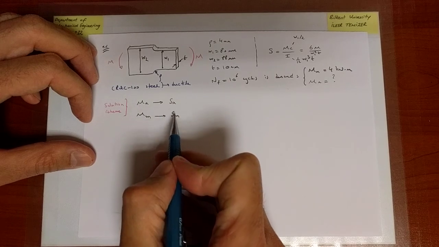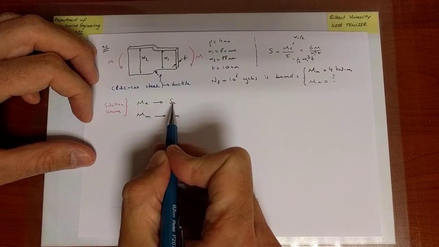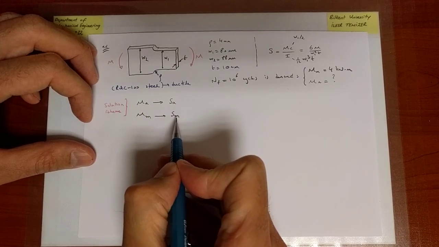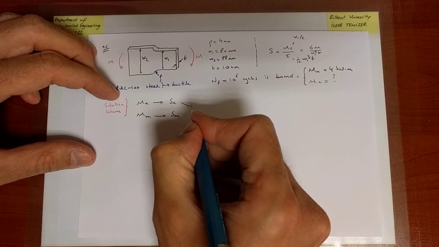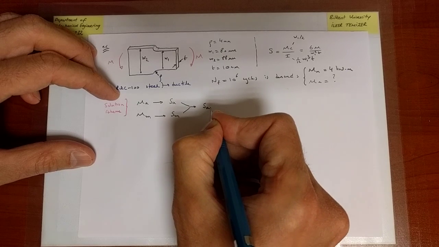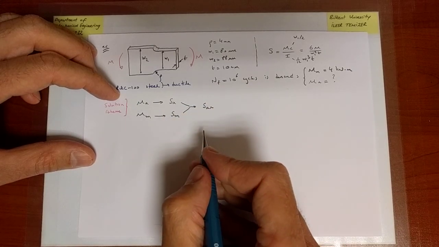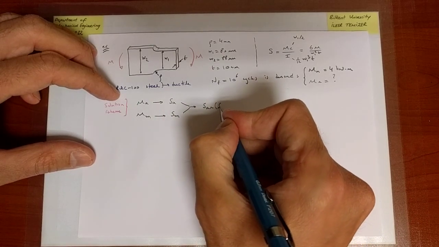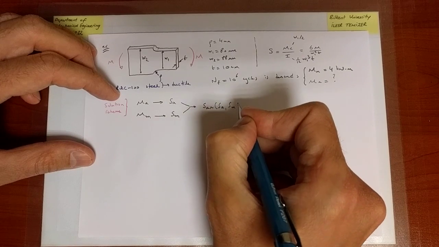Now, it's not a pure completely reversed alternating stress, so I know that I have to take these and map them to an equivalent completely reversed nominal stress, and that's going to be a function of SA and SM.